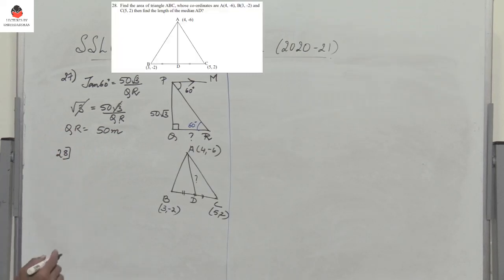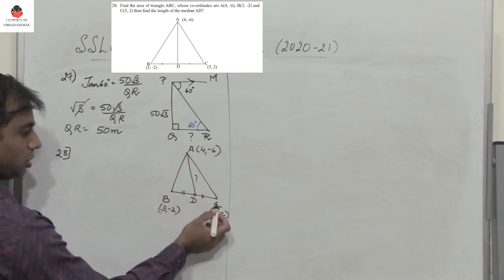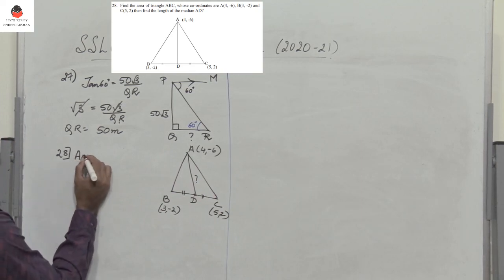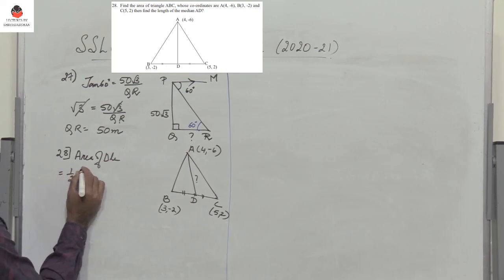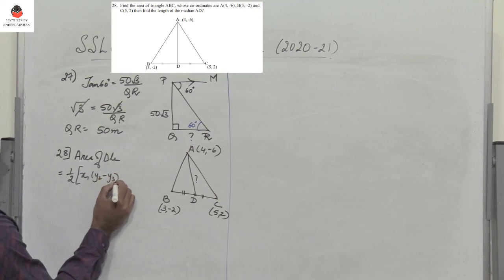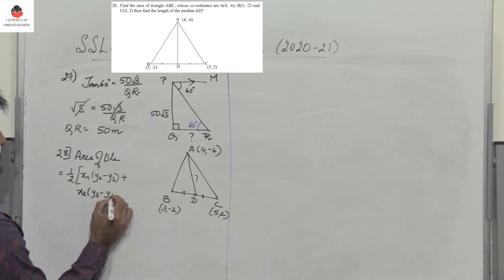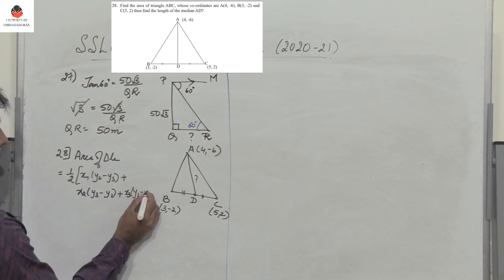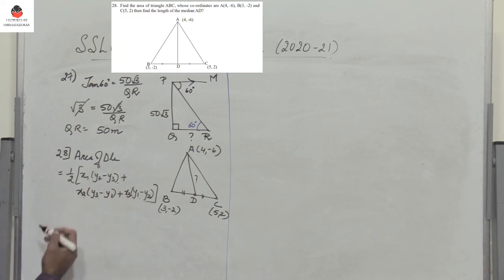So problem 28, find the area of the triangle ABC. So now if the three vertices of the triangle have been given, what is the area of the triangle? Area of triangle is nothing but half of, so very simple, x1 into (y2 minus y3) plus x2 into (y3 minus y1) plus x3 into (y1 minus y2). 1, 2, 3, 2, 3, 1, 3, 1, 2.